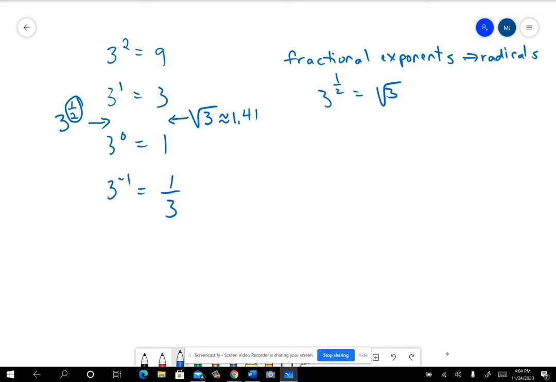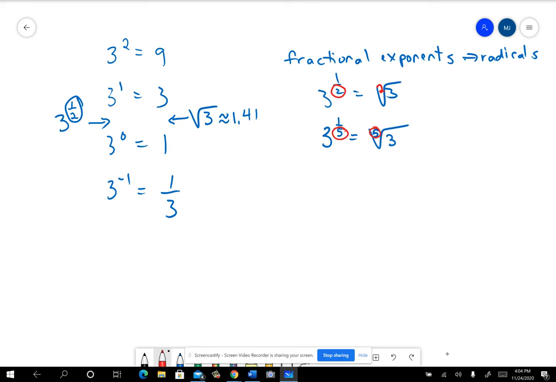But if you had 3 to the 1/5, then it would be the 5th root of 3. On the square root of 3, we have an understood index of 2, but if it's bigger than that, you have to actually write it. Notice how the bottom number gives you what the root is. That's the idea behind questions 1 and 2.